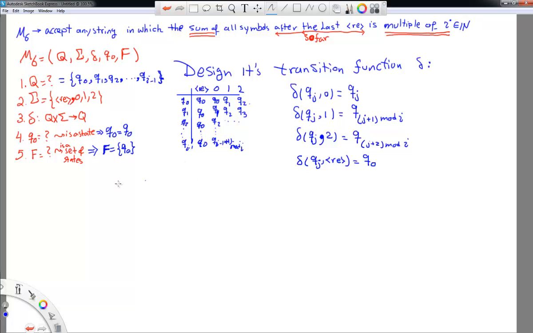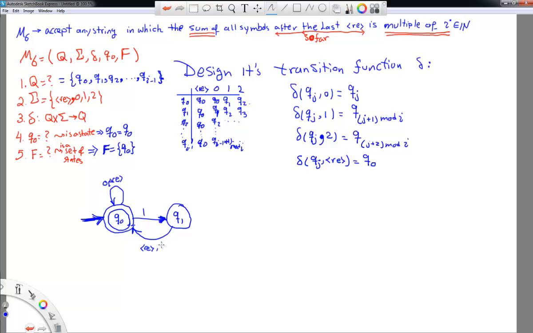So then how does this machine look like? It's going to look something like this. You start with q sub 0, which is also an accept state for you. I'm just going to draw a circle around it. If you see a 0 or a reset, you're going to stay here. If you see a 1, you're going to go to q sub 1. Now in q sub 1, if you see a reset, you're going to go back to q sub 0.